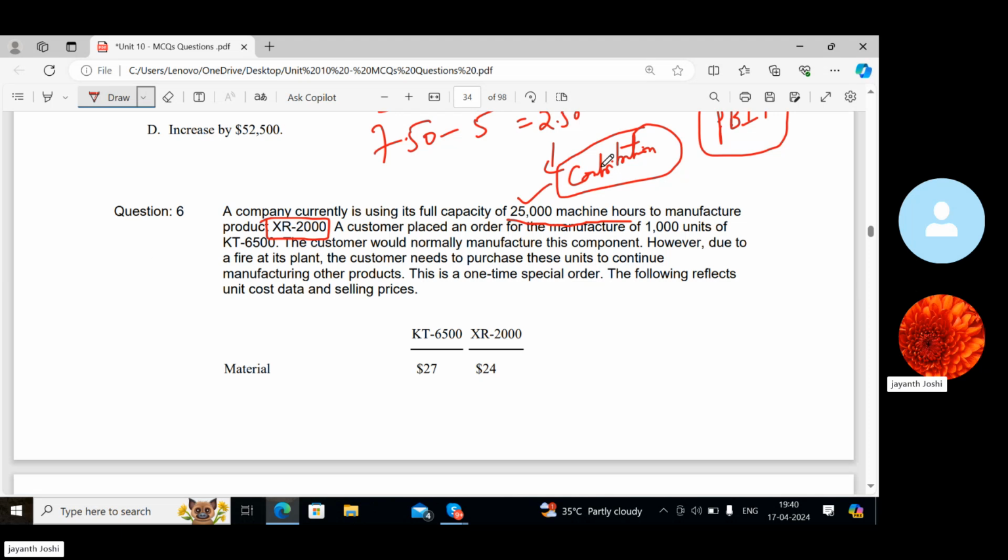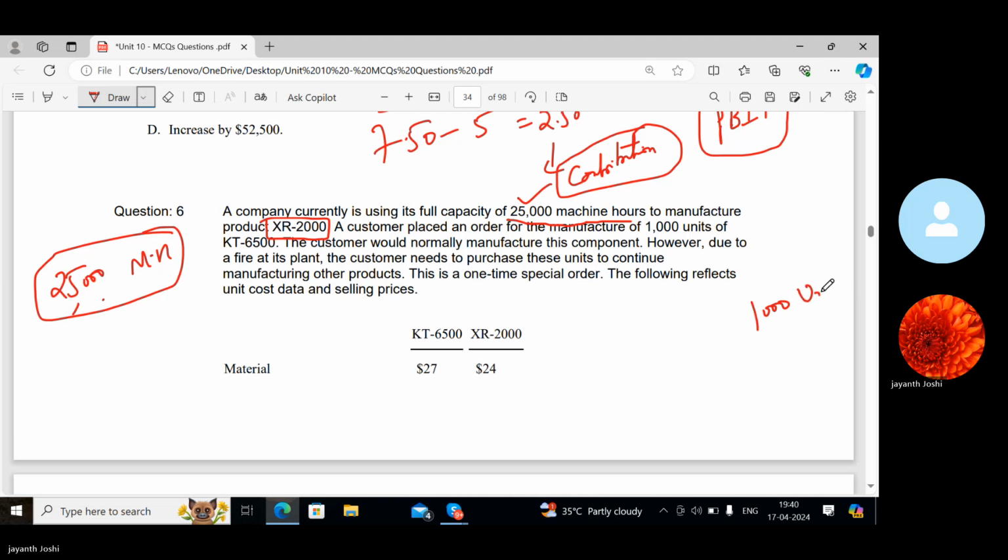So now you can understand that they have a capacity of 25,000 machine hours. This full capacity they are using to manufacture this product. Now one customer placed an order to manufacture 1000 units of KT 6500. Special order, right? They usually make XR2000. This is normally what they make.